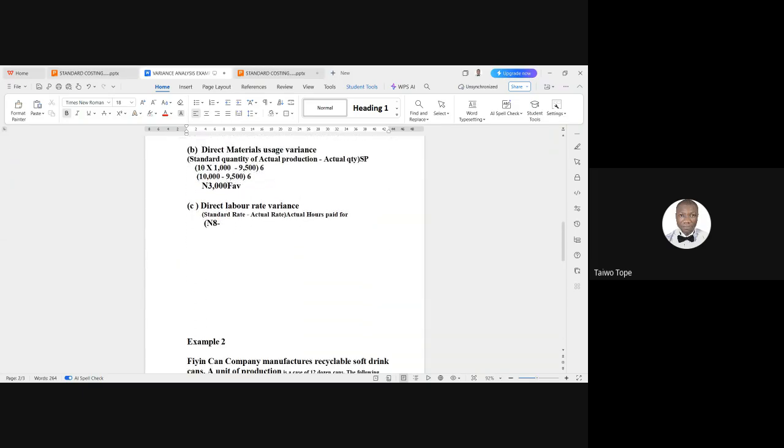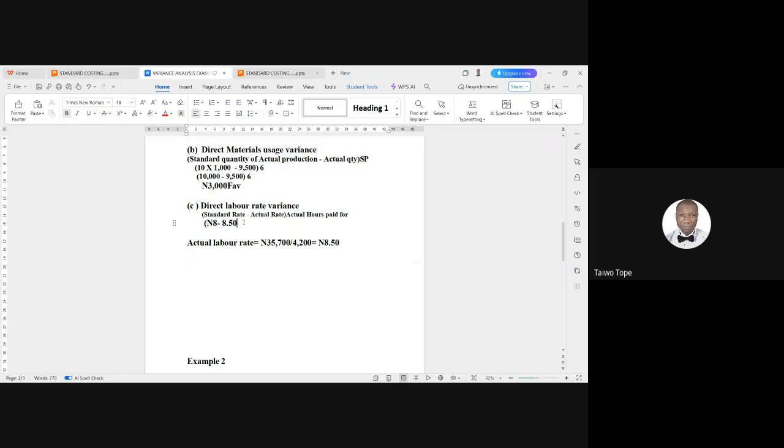So the actual rate is 8.5. Actual labor rate equals 35,700 divided by 4,200, which is 8 naira 50 kobo.